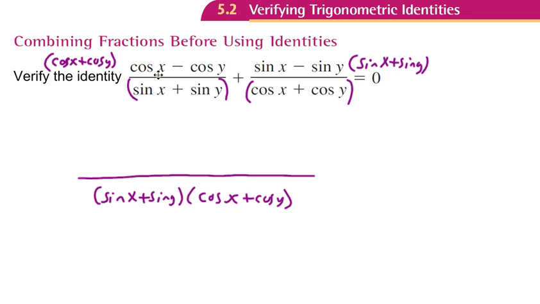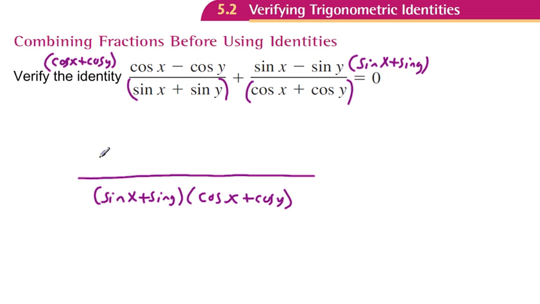Okay. So if I do the FOIL method, cosine times cosine is cosine squared. But then if I do cosine times negative cosine, it's going to be cosine x negative cosine y. Then I multiply these, positive cosine y, positive cosine x. So they just cancel. So basically, do you see that this is a difference of two squares?